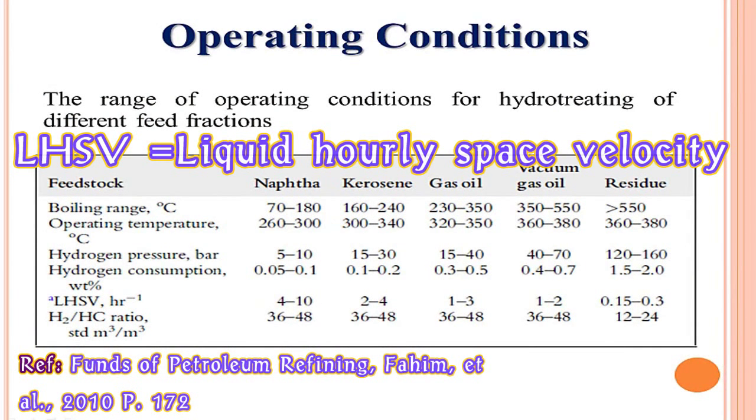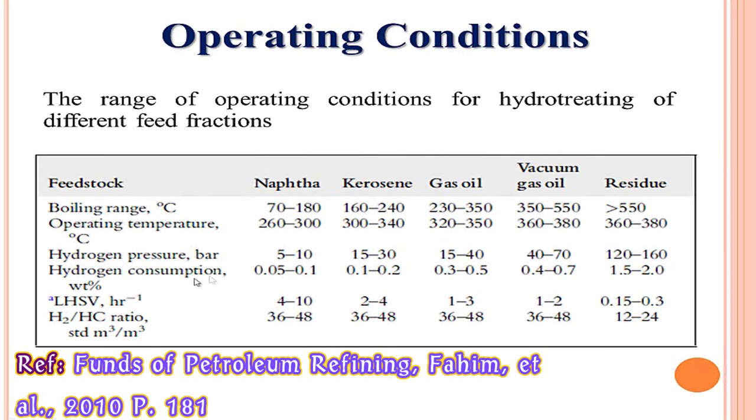This table presents how high the temperature and pressure are, depending upon what kind of feedstock it is. It also gives the idea of space velocity. The space velocity here, SV, stands for liquid hourly space velocity in terms of a reciprocal of time.